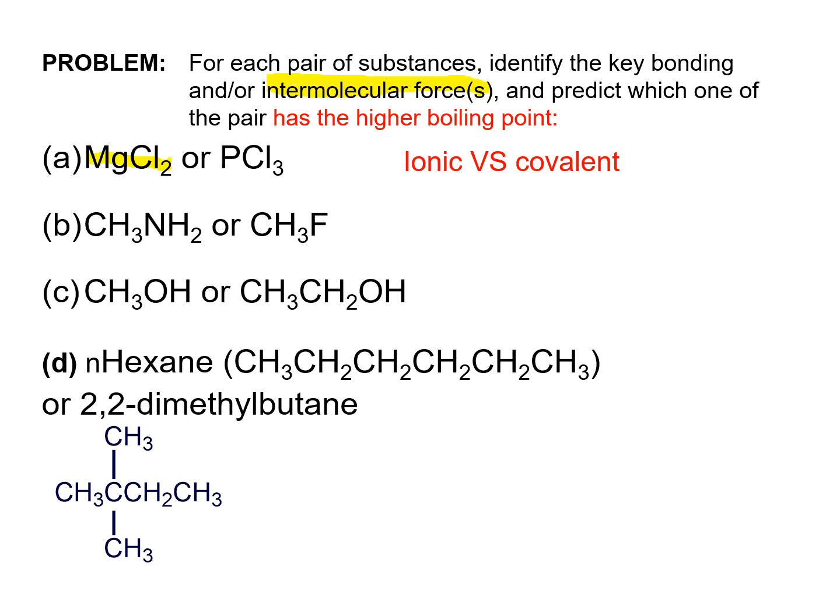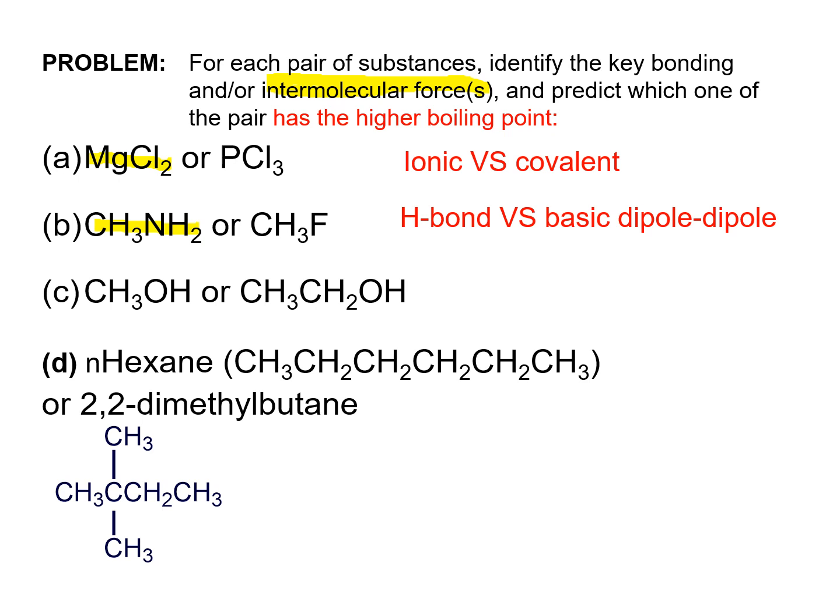So nitrogen-carbon bonds are polar, fluorine-carbon bonds are polar, but the thing is nitrogen is also bonded to hydrogen, so this is the potential for hydrogen bonds. Hydrogen bonds, with respect to just plain basic dipole-dipole interactions, are going to be stronger. Therefore, in this case the difference is between the presence or absence of the hydrogen bonds.